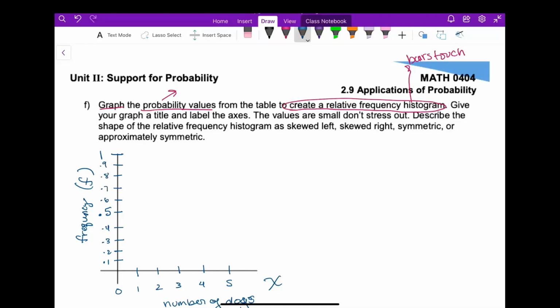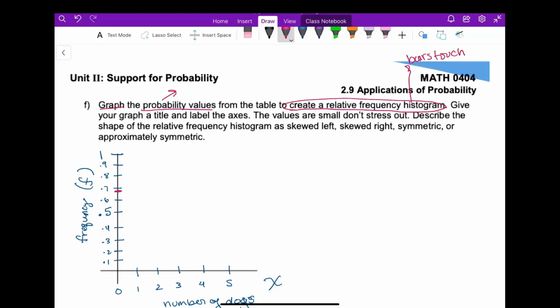Now let's bring in those values. 0 doggies, we have 0.68. So at 0 dogs on the x-axis, I'm going to go up to 0.68, very close to the 7.